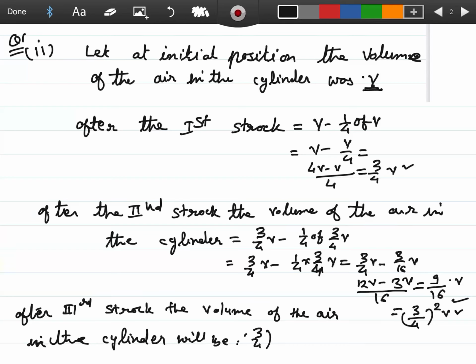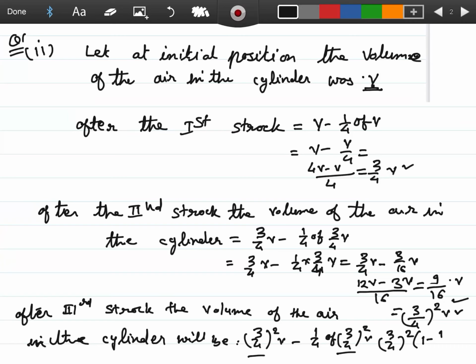3/4 square V minus again 1/4 of 3/4 square V. इसको जब हम आगे सॉल्व करेंगे तो हमको क्या मिलेगा? 3/4 we can take common, so 3/4 square we can take common.